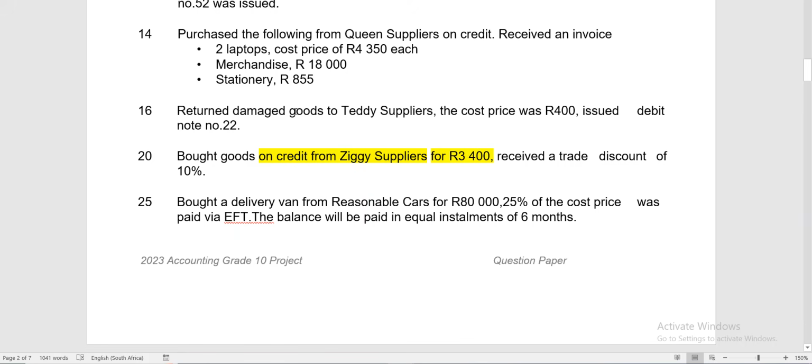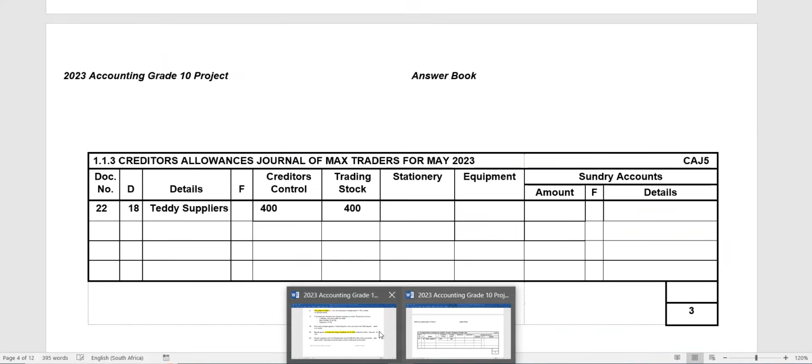Okay, so we are good to go now. This will be recorded in the creditors journal. So we're going to go to our creditors journal and record that.